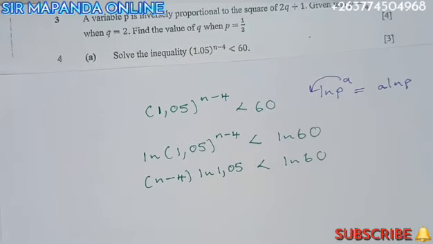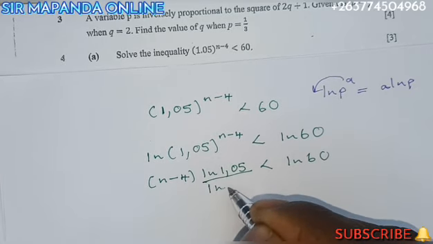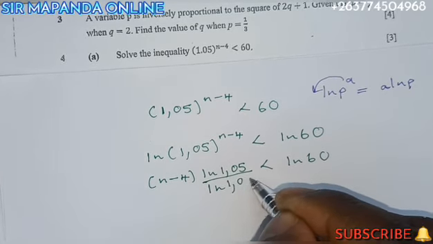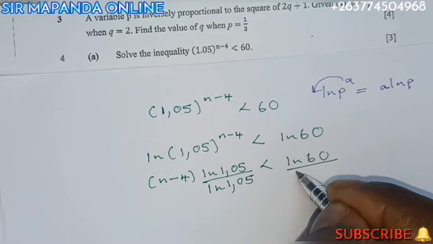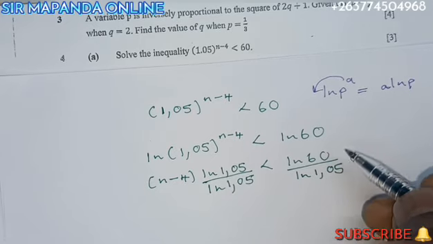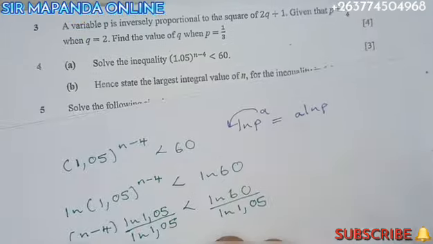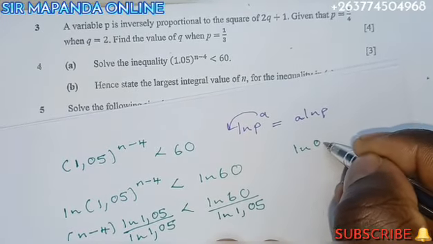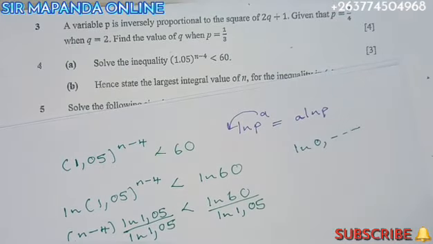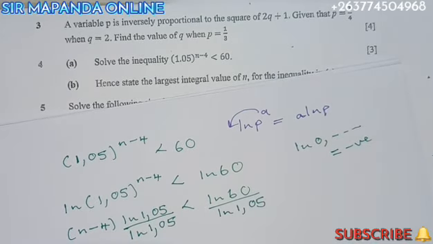So to make n the subject, you are going to divide both sides by ln 1,05. So this time around you are lucky. Why? Because in majority of the inequalities of this kind, they normally give you a number which is 0, something. Ln of a number which starts with 0, something, gives a negative solution.